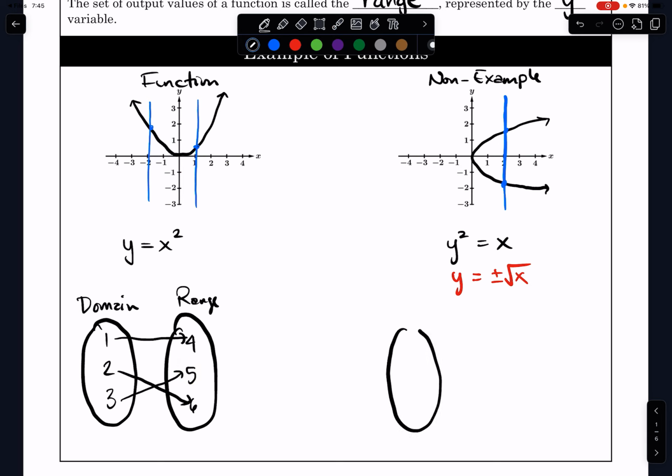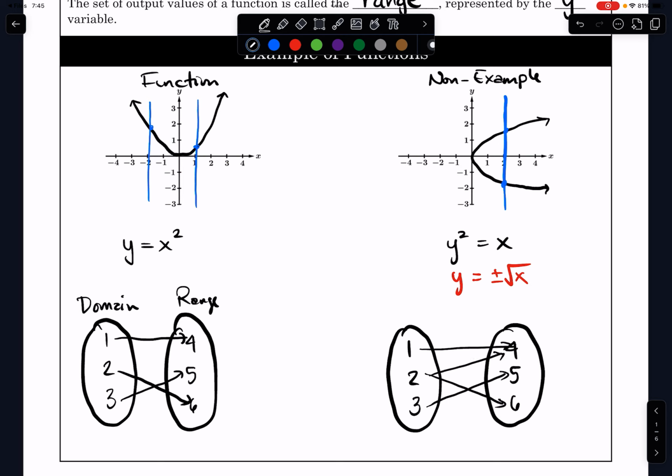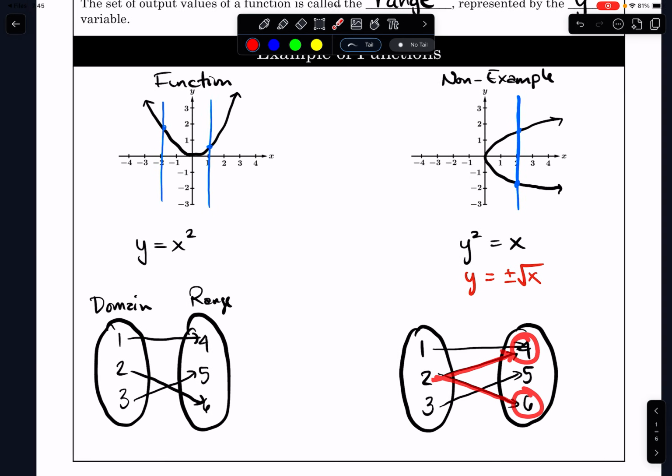A counterexample or non-example of this would be this right here. Notice that I've drawn another arrow from 2. 2 not only maps to the number 6, 2 also maps to the number 4.